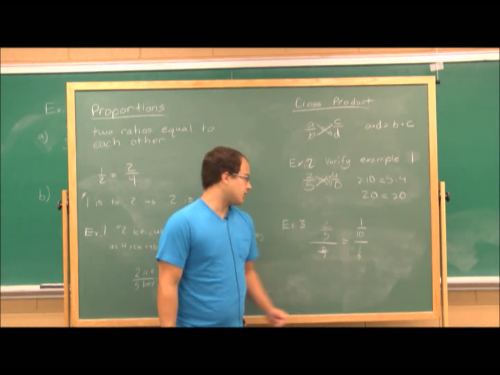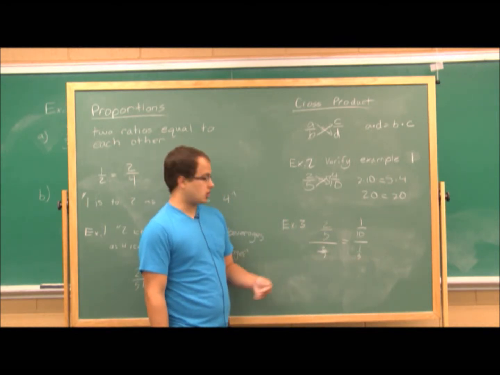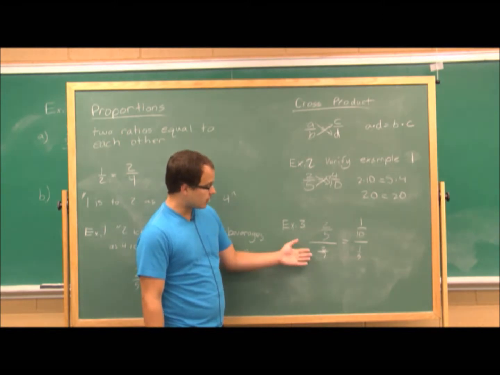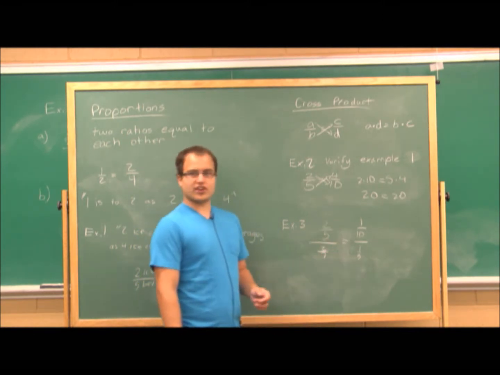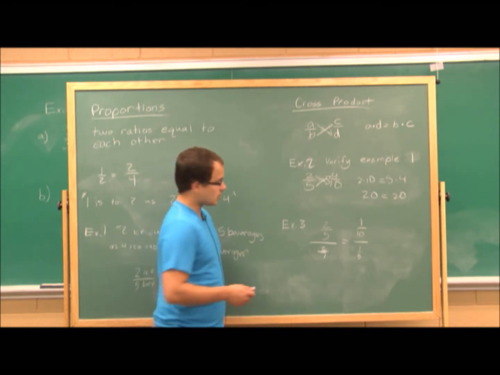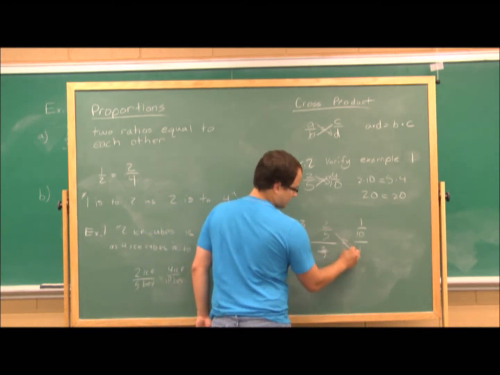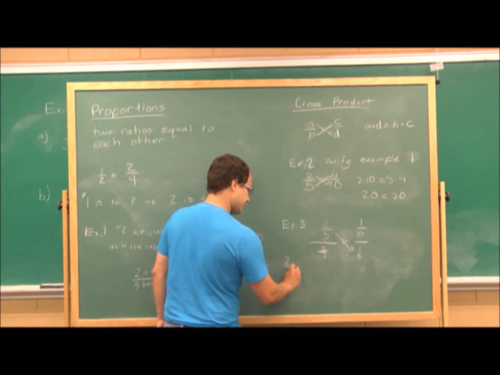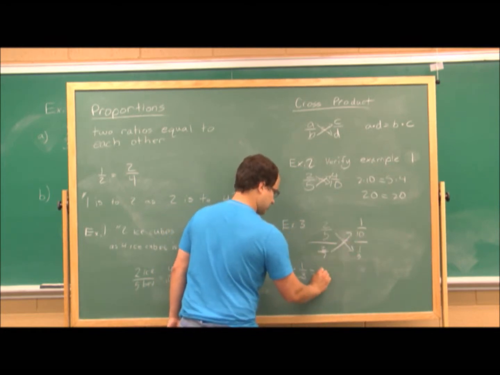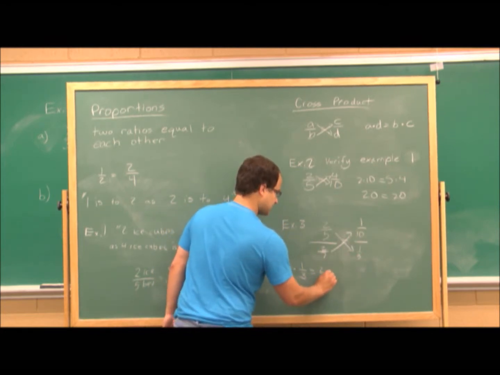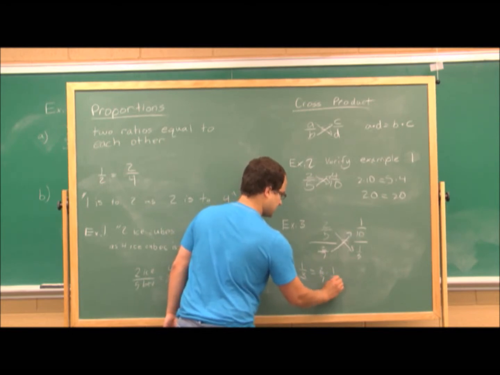So example 3 wants us to determine if 2/5 over 2/7 is equal to 1/10 over 1/3. To start off, I'm going to do the cross product. 2/5 times 1/3 equals 2/7 times 1/10.